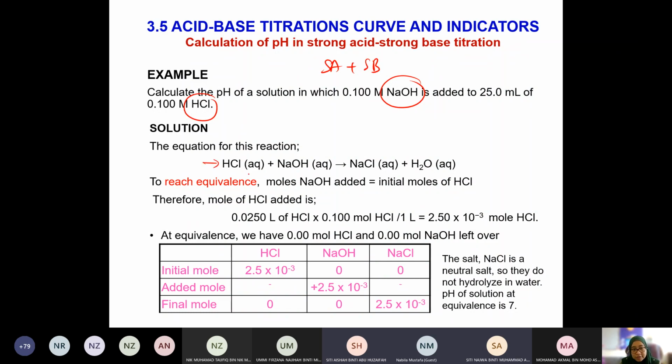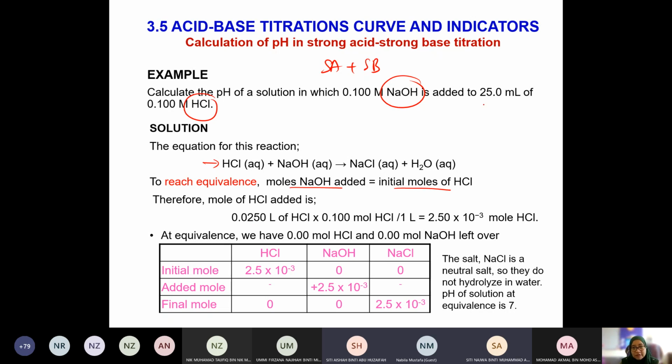So write the equation. So this will be the equation. So to reach equivalent point, the mole of sodium hydroxide should be the same as the mole of HCl. Okay, so it should be the same. Then only it will be fully neutralized. So kita kena find out the mole of HCl.